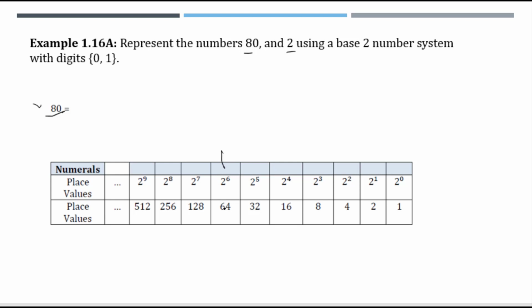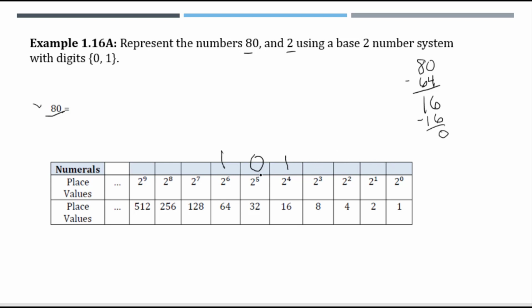So I'm going to use one of these, and that's 64. So now I've got 80. I can take away 64 because I've already accounted for 64 of them. And that leaves me with 16 left. So I can't use any 32s, and I can use 1 16. See that? Then if I'm going to use a 16, subtract 16, and I'm really done. The only thing is I have to put zeros into my other place values.